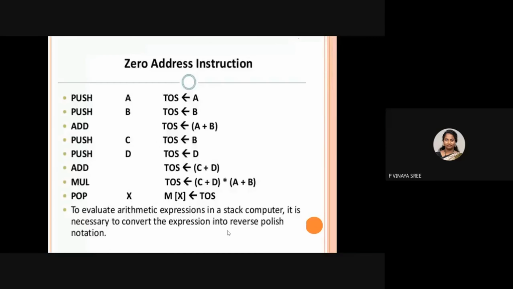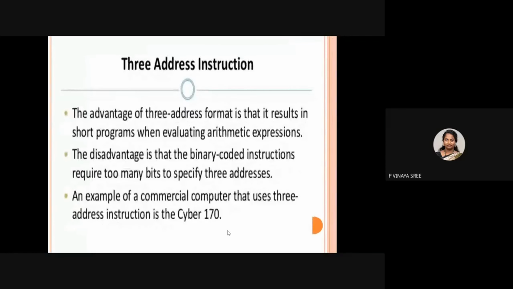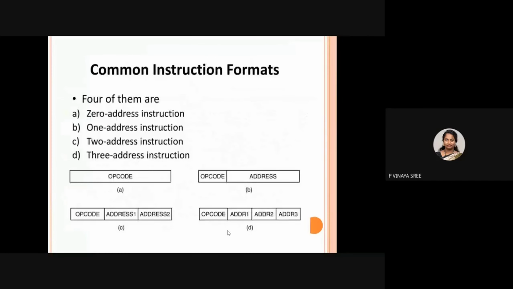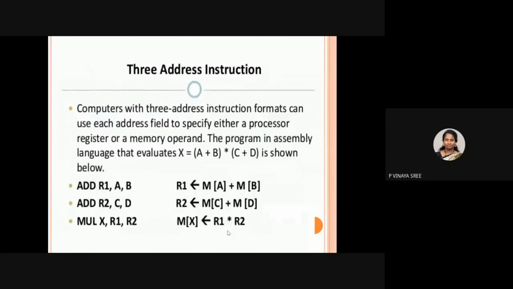Okay, so let me revise once again the address formats. This is our three address format. In this we have done these operations, along with this R1, and we stored the result. Add R1, A, B means we go to memory locations A and B, and the result we store in R1. So it is M of A plus M of B, and the result is stored in R1.